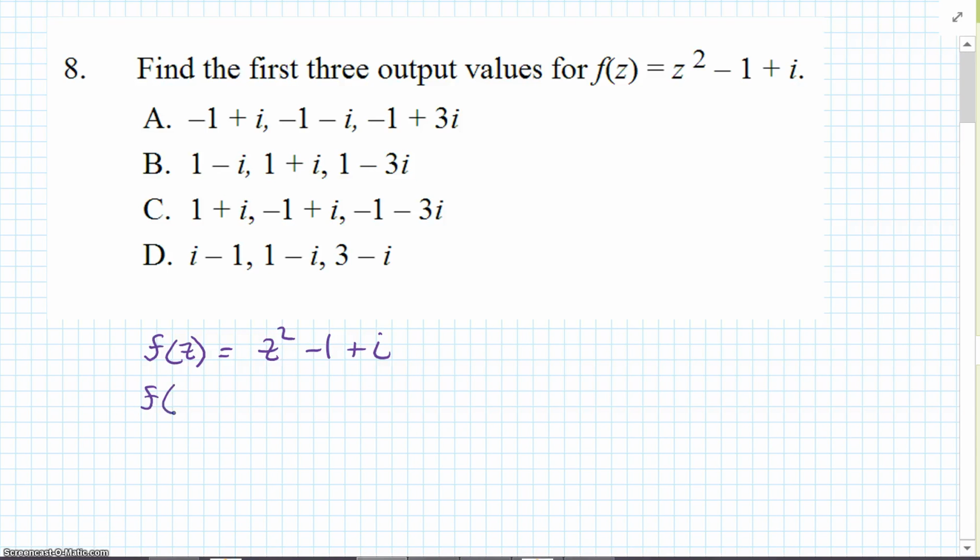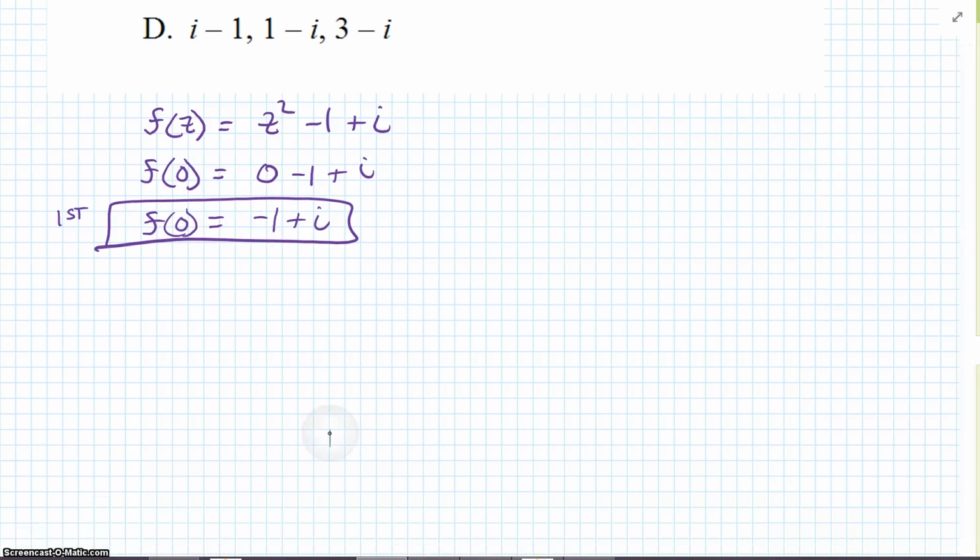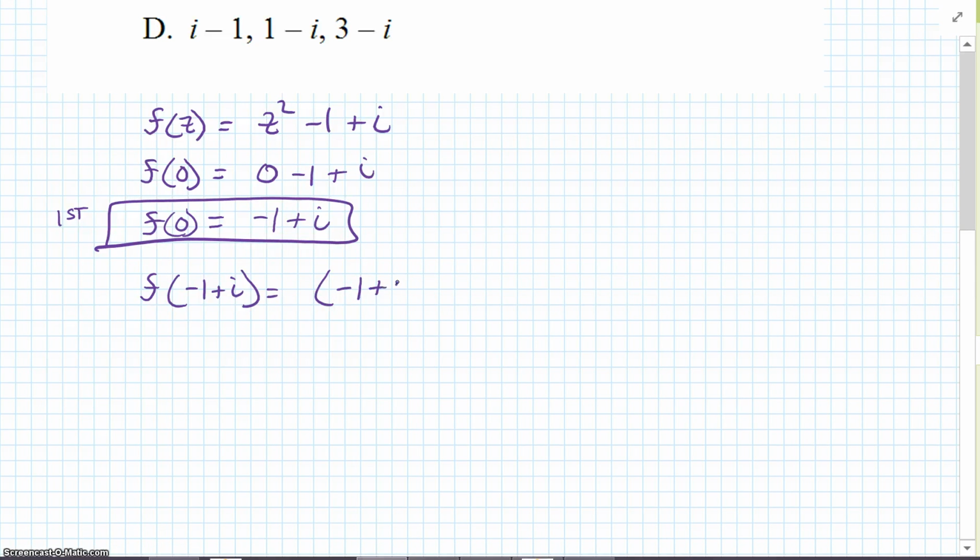So the first one is when z equals 0, what do we get? Well, that's going to be 0 minus 1 plus i, which is going to be negative 1 plus i. So there's your first output. Okay, so our second output would be f of negative 1 plus i equals negative 1 plus i squared minus 1 plus i. So let's square that.